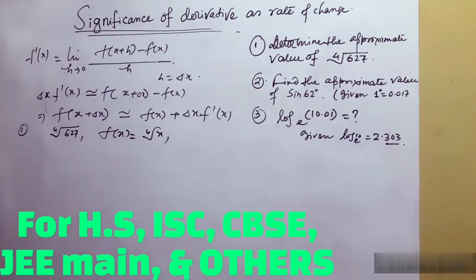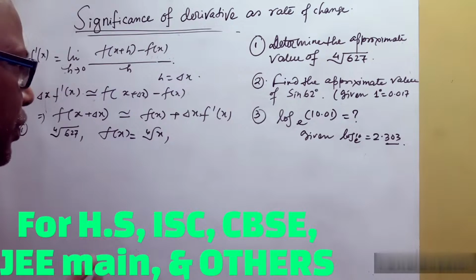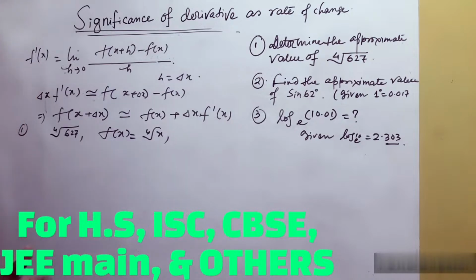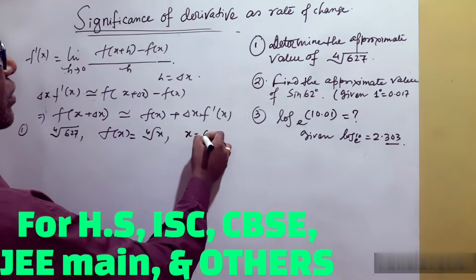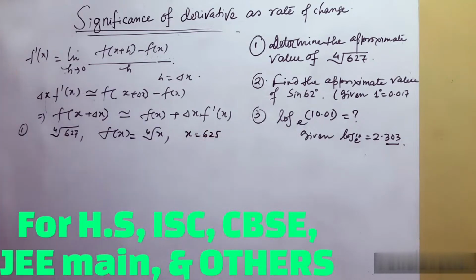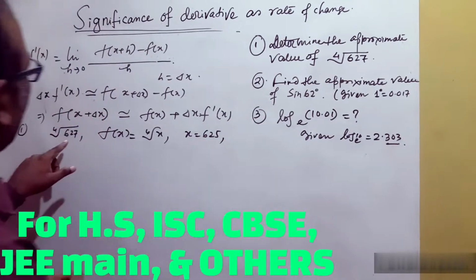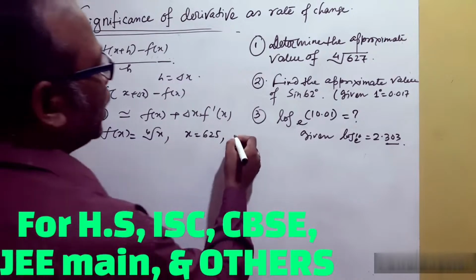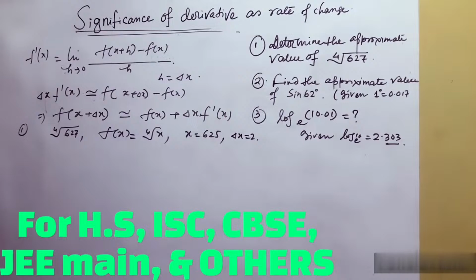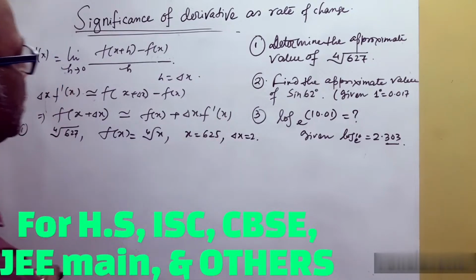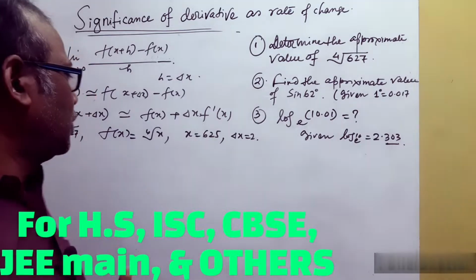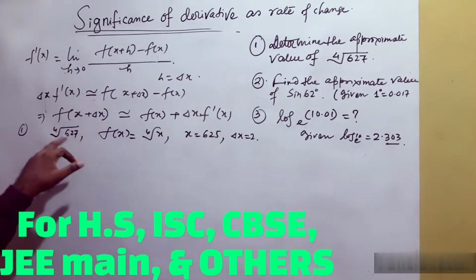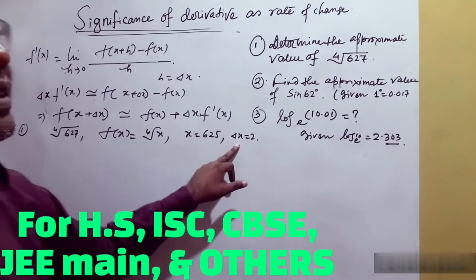The nearest value to 627 whose fourth root is easy to find is 625, whose fourth root is 5. So x is 625, and the remaining 2 is del x. If these two are added, we get 627. If the given value were the fourth root of 624, we would take x as 625, but since that is 1 less, del x would be minus 1.